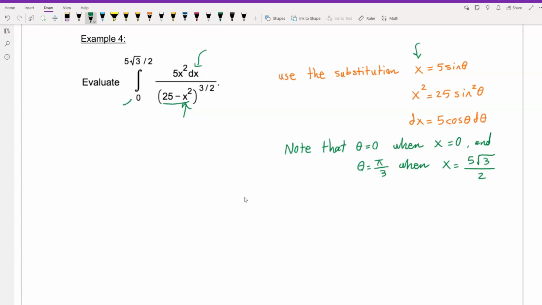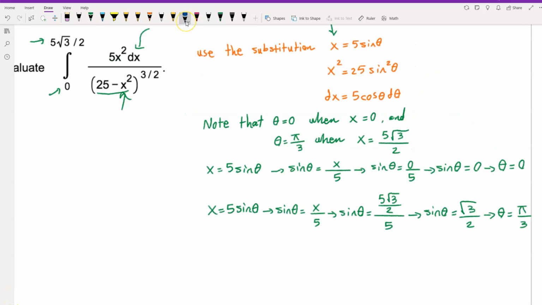So based on the limits 0 and 5 square root of 3 over 2, theta is 0 when x is equal to 0, and theta is equal to pi over 3 when x is 5 square root of 3 over 2. So here I have all the steps for how I got theta equal to 0 and theta equal to pi over 3.